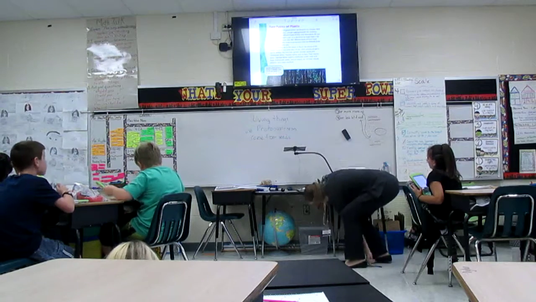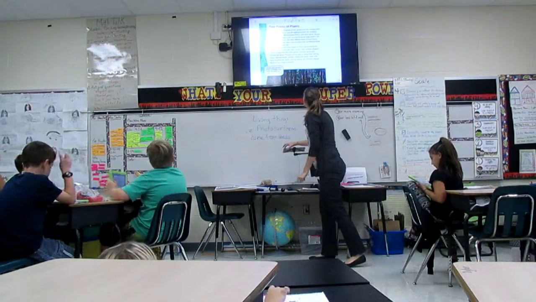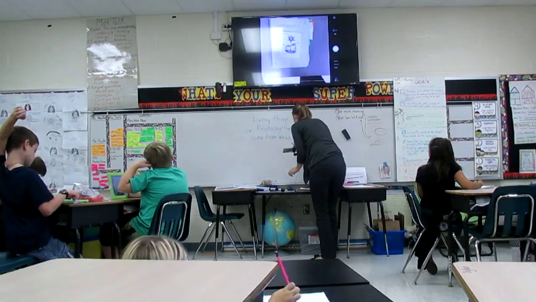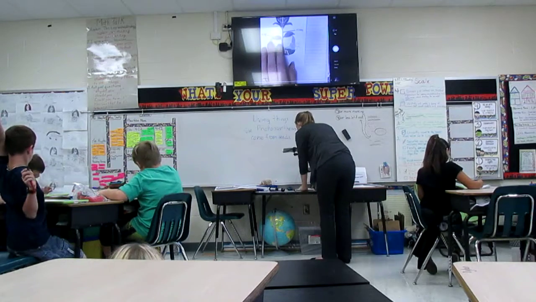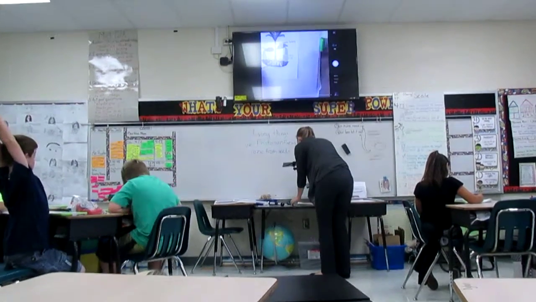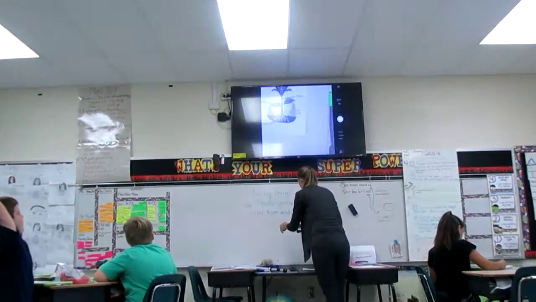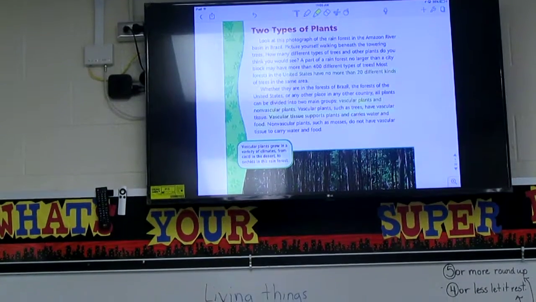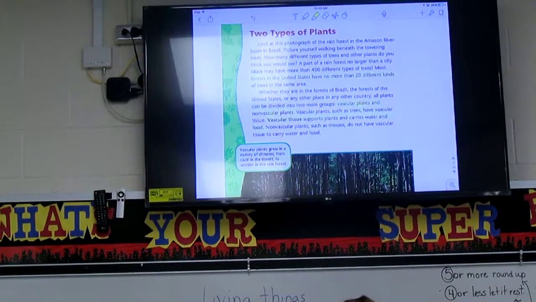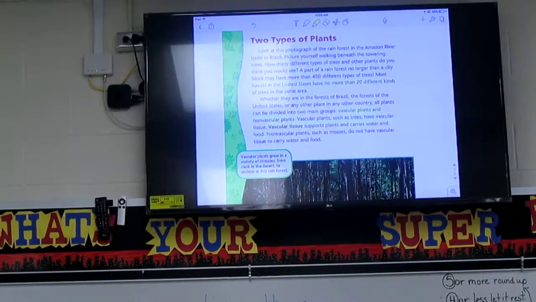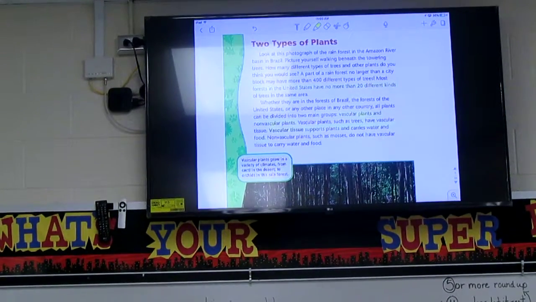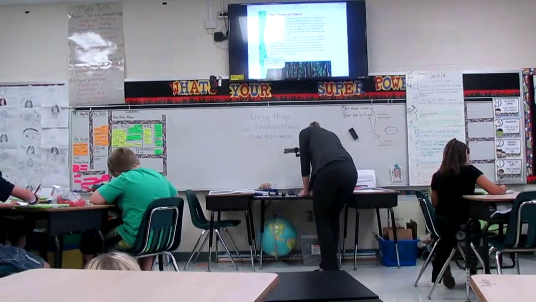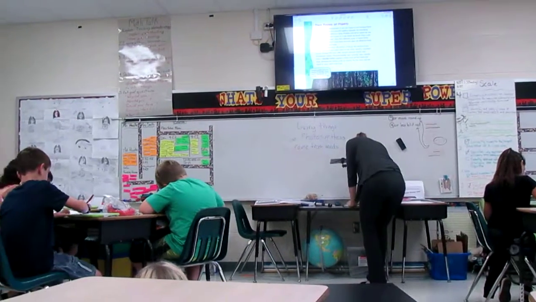So go ahead and write the function there. Write it right next to where it says vascular tissue. What is the function? Supports plants and carries water and food.